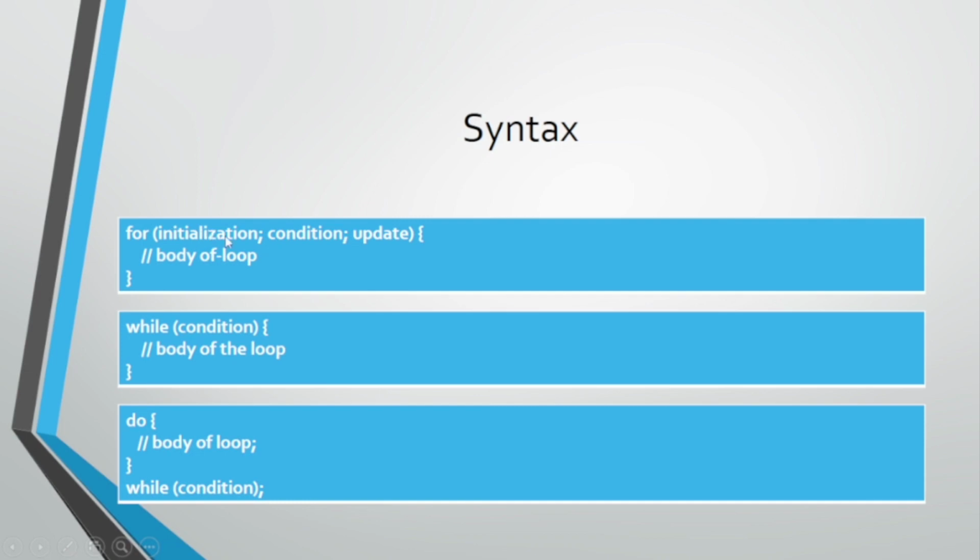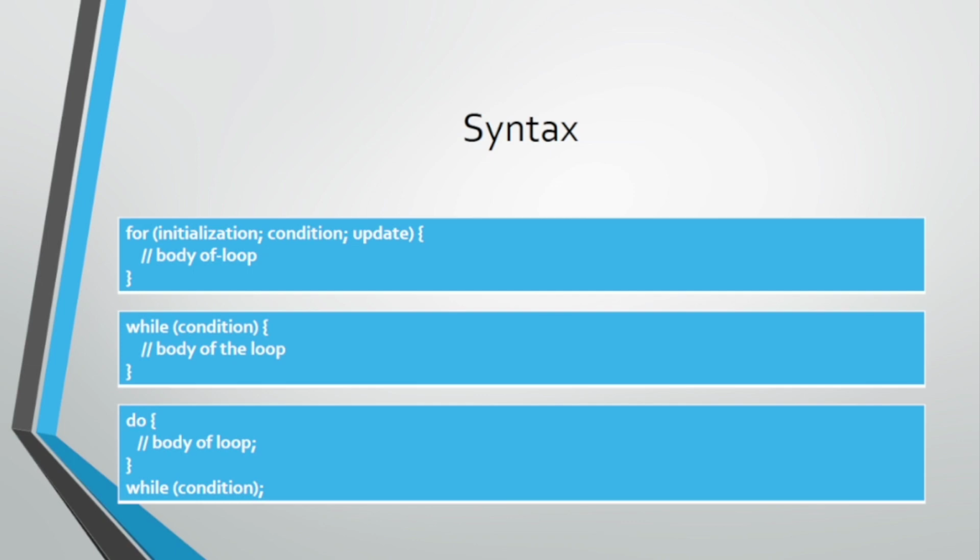Initialization of the iterable variable, condition, how many times you want to repeat. So it depends. For example, if you want to repeat the loop 10 times, you will say i is equal to 0 and i is less than or equal to 9. Then update is the increment or decrement, i plus plus or i minus minus. We will look into it.